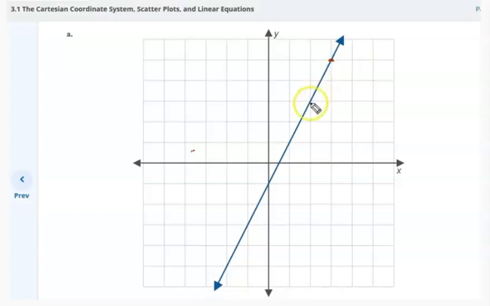So there's one point, there's a point, there's a point, there's a point, and there's a point. So let's say these are the 5 points. Maybe on a little sketch, label these ordered pairs.